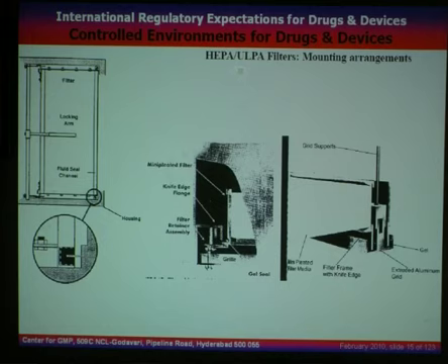And another frame where there are filters that are potted in place, gel sealed. They don't have any gaskets, so that you don't have worries about particles coming into the room. So it is a gasketless HEPA filter which is potted in place using a special gel, and the frame for that has been shown by Dr. White in his book, which is reproduced here.